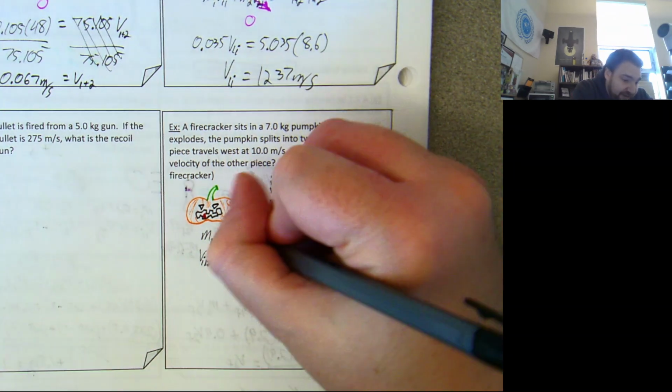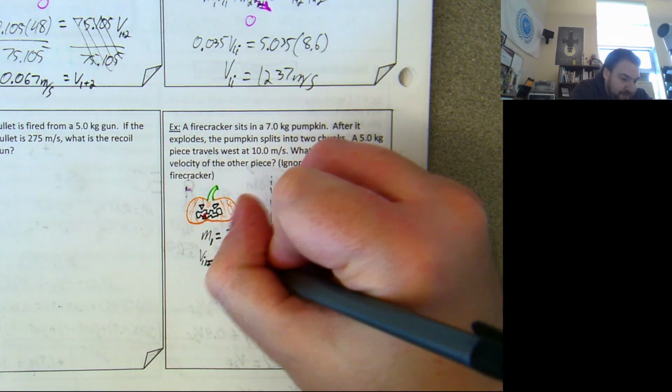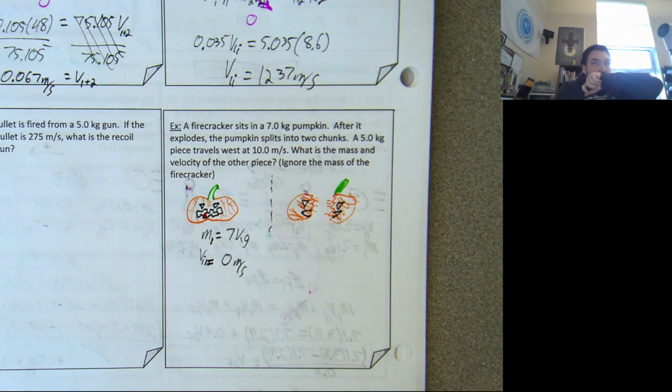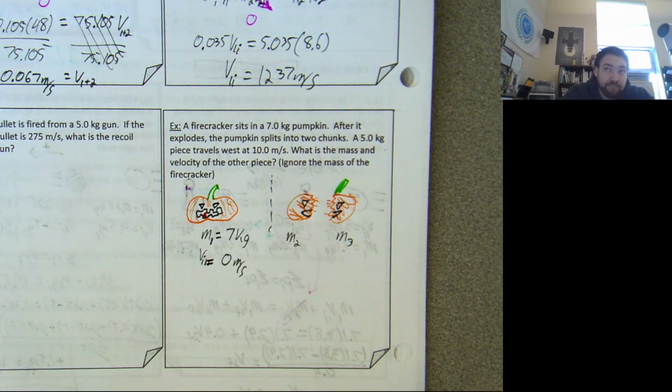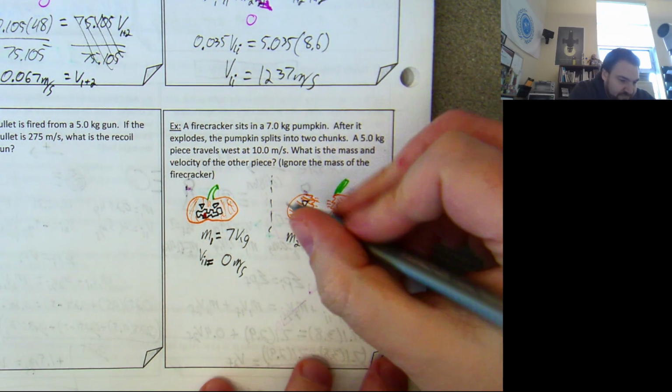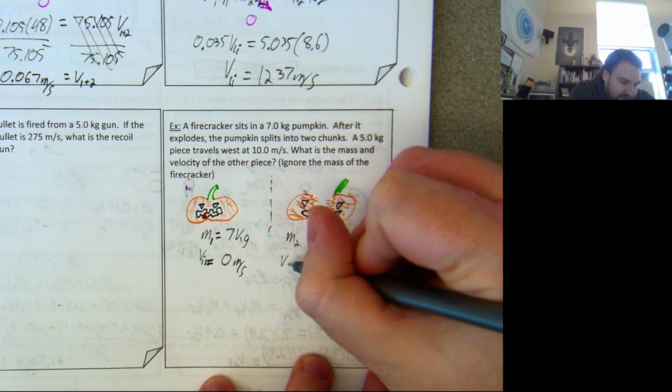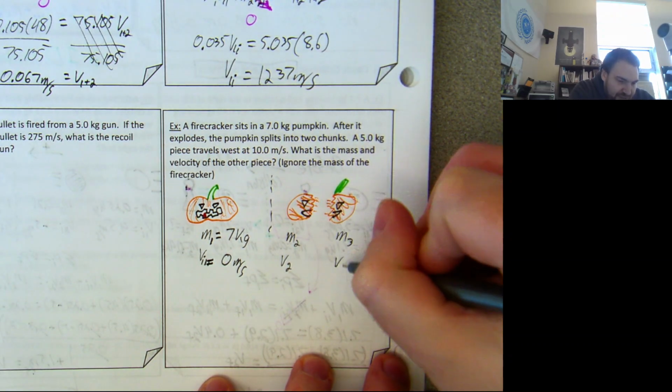The mass was 7 kilograms, and it wasn't moving. Afterwards, we have two pieces. So I'm going to call this M2 and M3, V2 and V3.